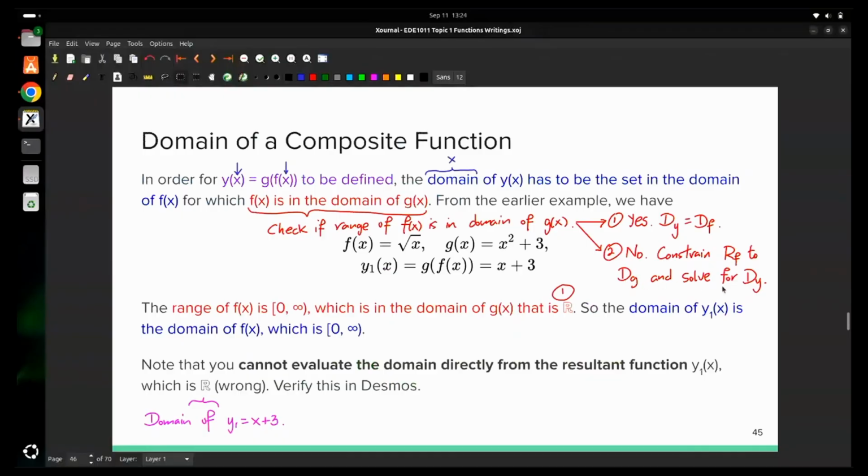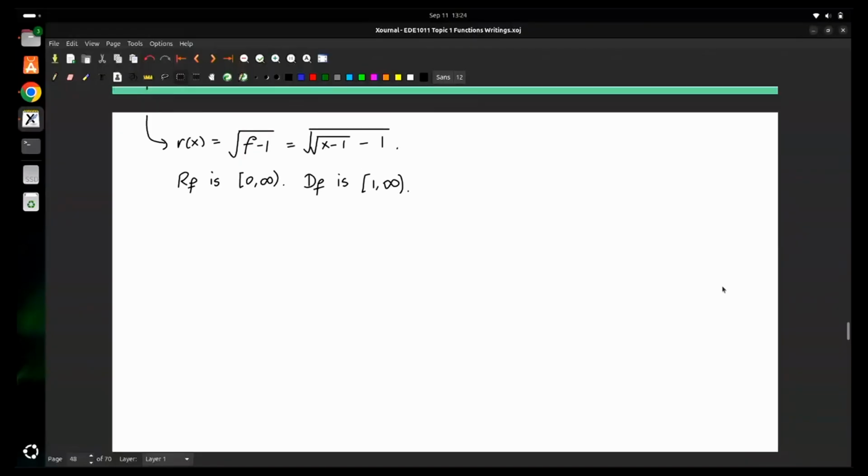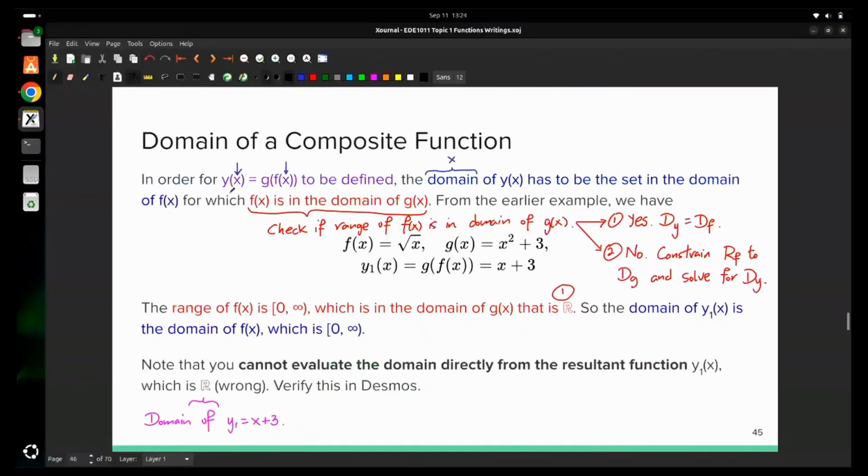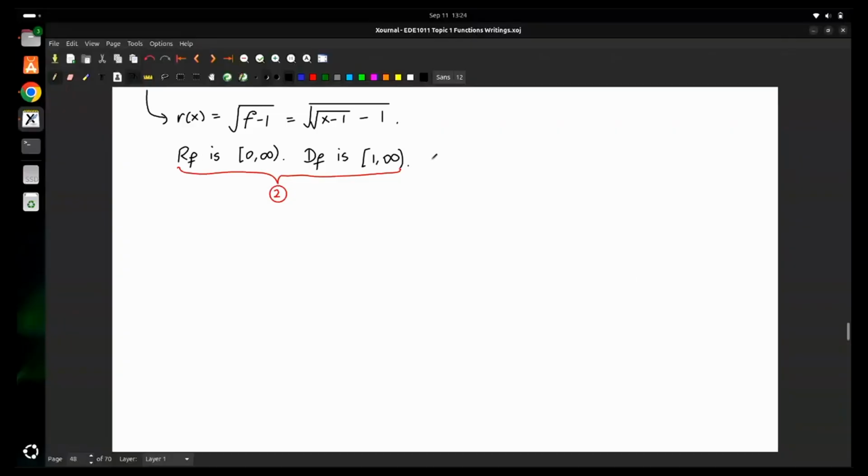Because you've got f of f now, let me write. This guy belongs to the second condition. So I've got to constrain already. I have to constrain the range of f to the domain of f now. So let f of x be more than or equal to 1, because you've got to constrain the range to the domain, and the domain is 1 or more.